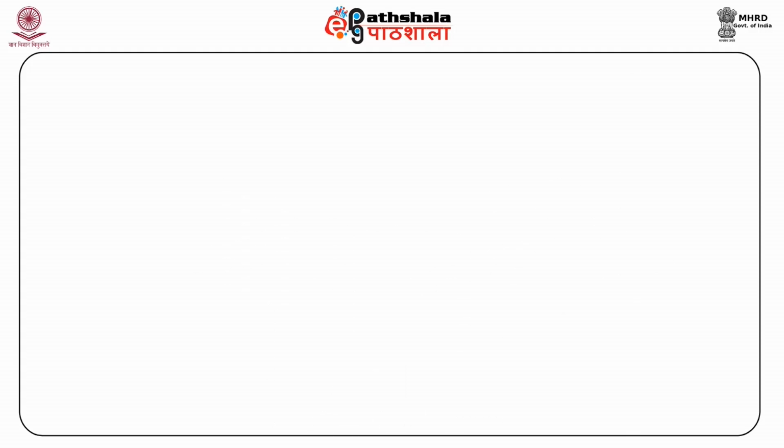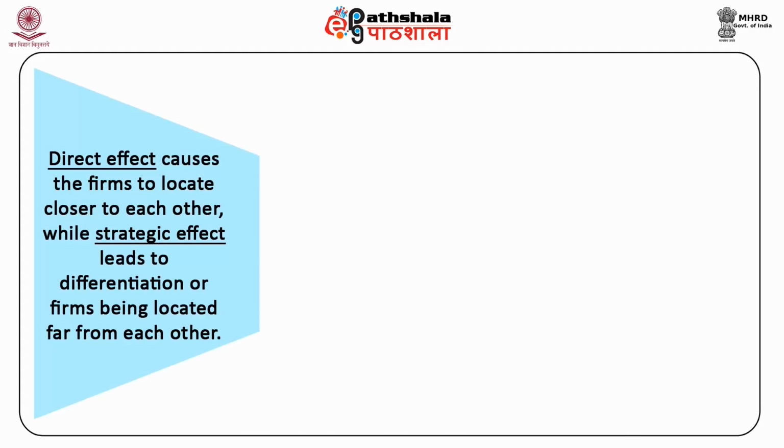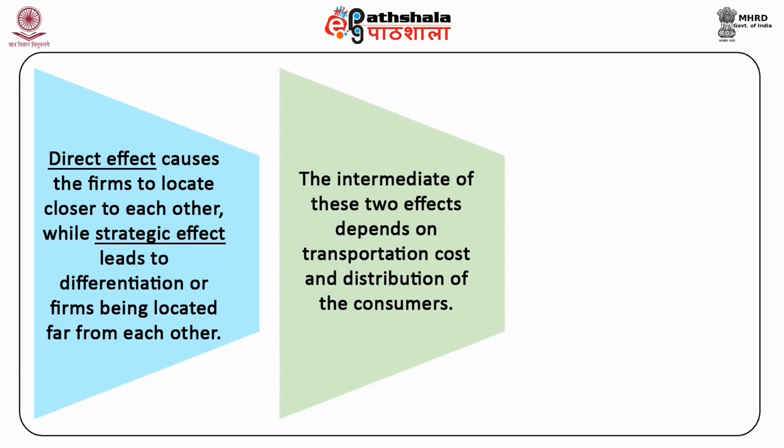Thus, it becomes clear that the direct effect causes the firms to locate closer to each other, whereas the strategic effect leads to differentiation, or firms being located far from each other. The intermediate of these two effects depends on the transportation cost and distribution of the consumers. Further, it has been shown that price competition increases as the firms get located close to each other.